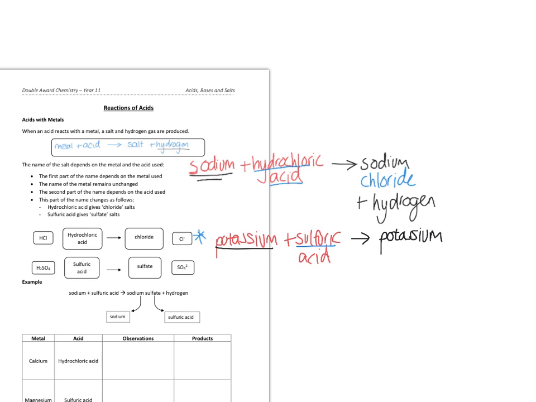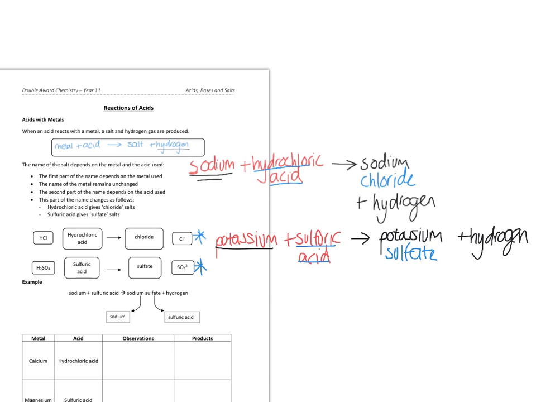Second part of the name comes from the acid, and that changes. So we can see here in your notes that sulfuric acid changes its ending to sulfate. So our salt is called potassium sulfate. And then our other product, as always, is hydrogen. Don't forget about the hydrogen being given off at the end.